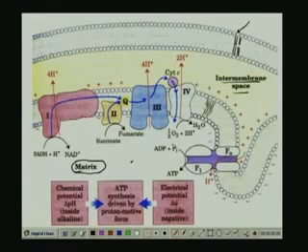Okay, now we are going to look at this system in a bit detail. What we have is, we have here certain complexes. Okay. Now each of these complexes you can see is what? It's kind of an integral membrane protein. Okay.